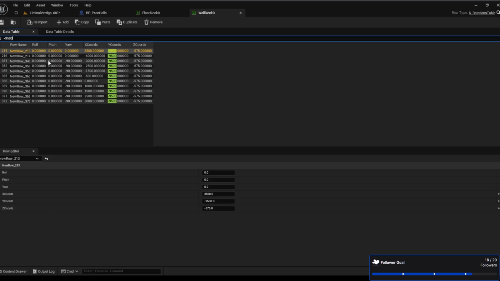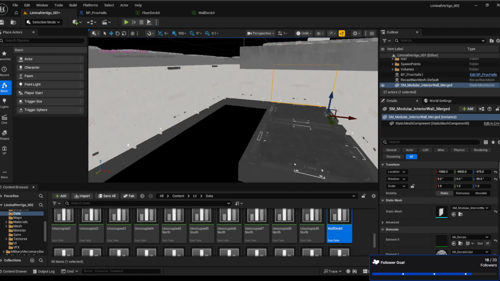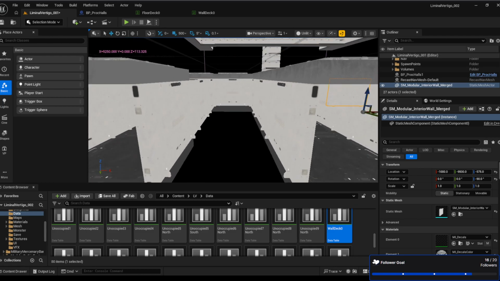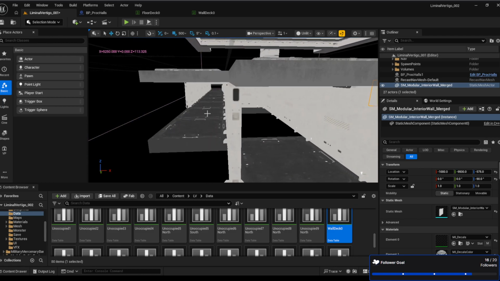I need the ones with 90. So one of these down here. The one that says negative 500 needs to move to negative 1,000. And then the other one is this here.